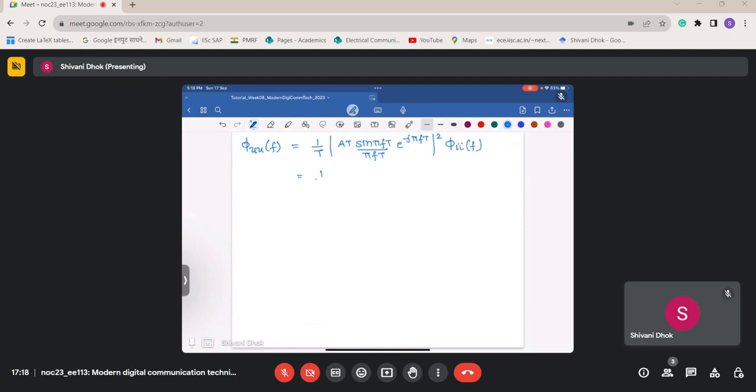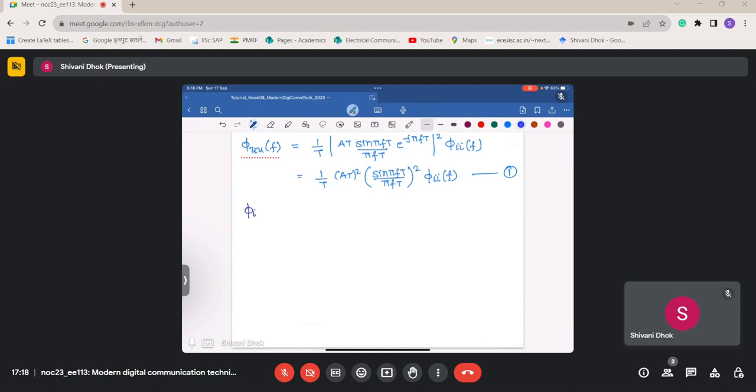This comes out to be 1/T, A^2 T^2, sin^2(πfT). Let me write it properly: 1/T A^2 T^2 [sin(πfT)/(πfT)]^2, and the magnitude of e^(-jπfT) is simply 1, and this has to be multiplied by phi_I(f). Let me number this as equation 1. So what we need to do is find phi_I(f).